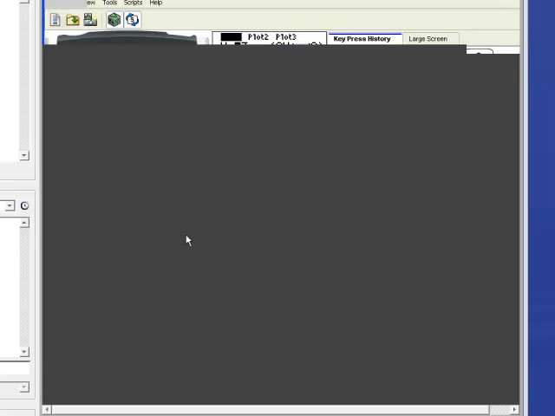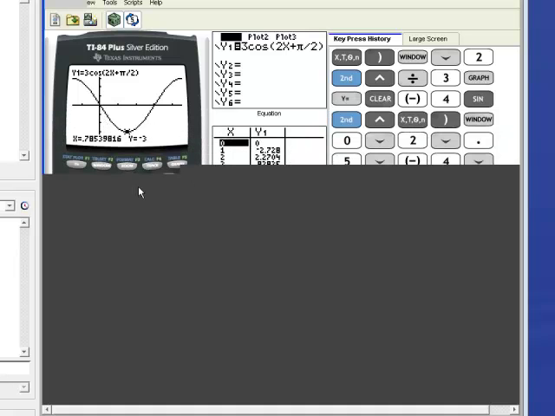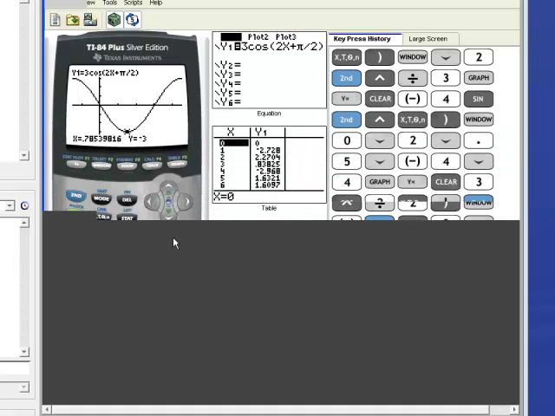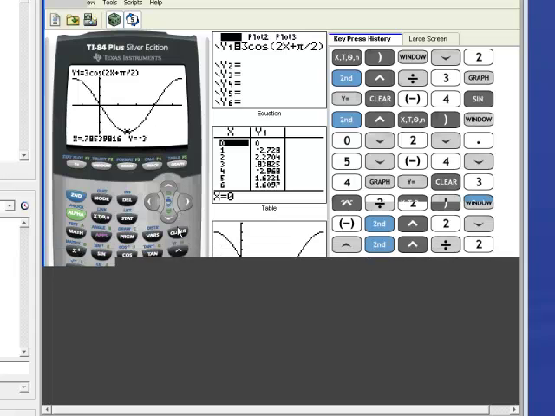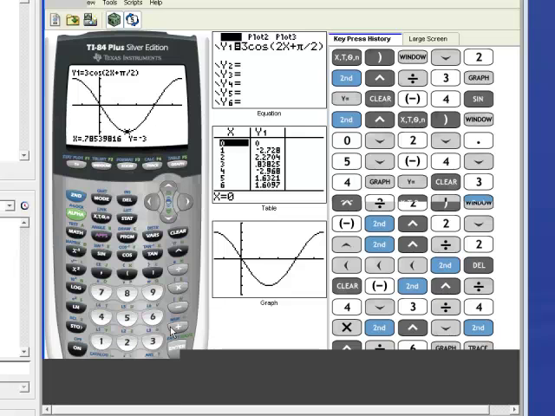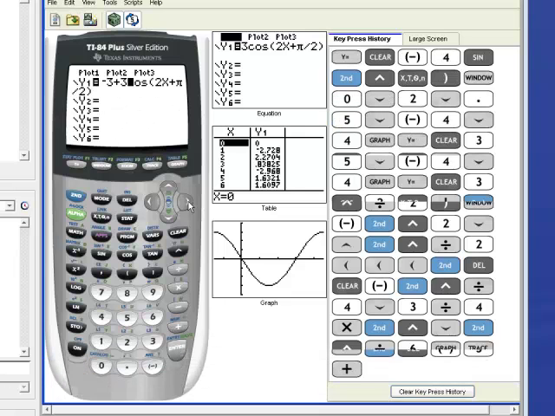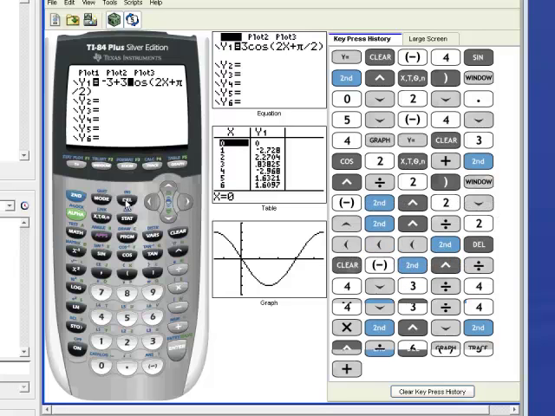Of course, when I graph on the graphing calculator, these are all checks. Okay, the first one was negative 3 plus 3 cosine 2x plus pi over 2.